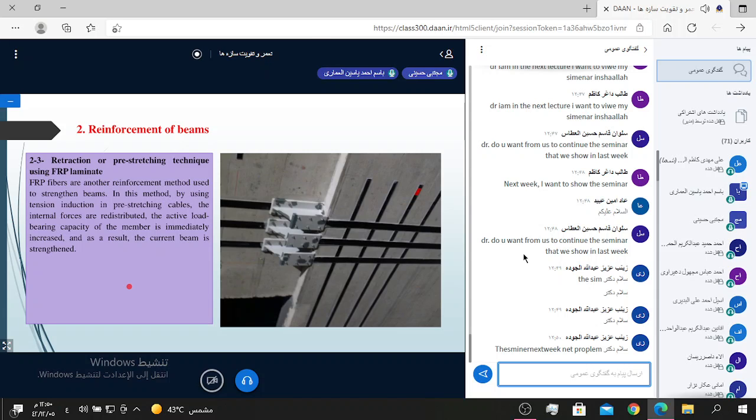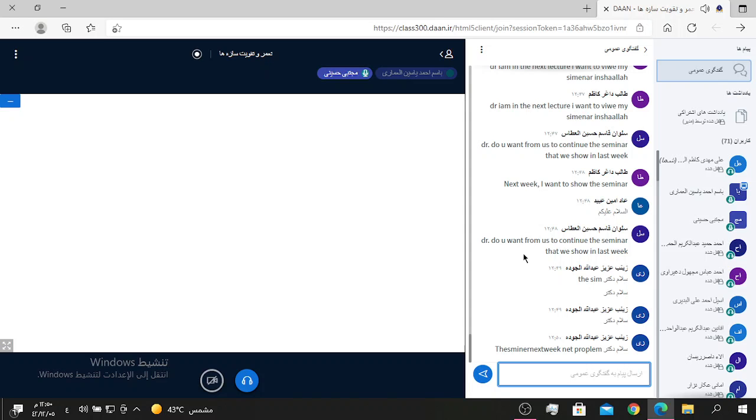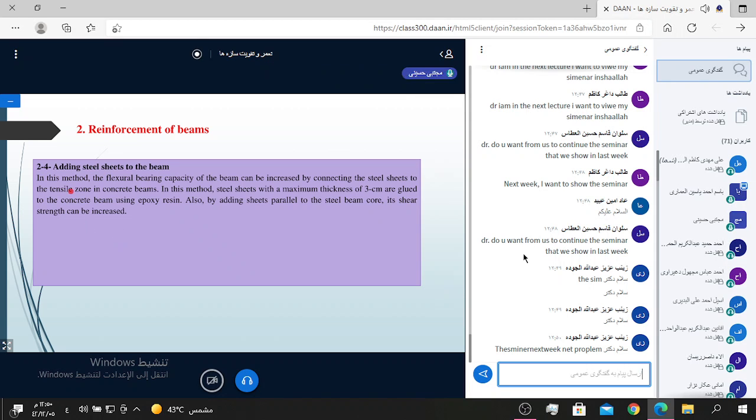In this method, by using tension, induction, and pre-stretching couples, the internal forces are active, and the load bearing capacity of the member is immediately increased and as a result the current beam is strengthened. Adding steel sheet to the beam.